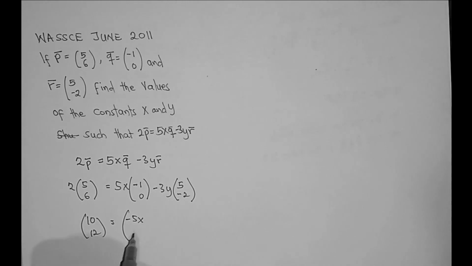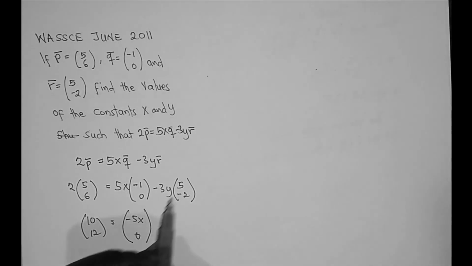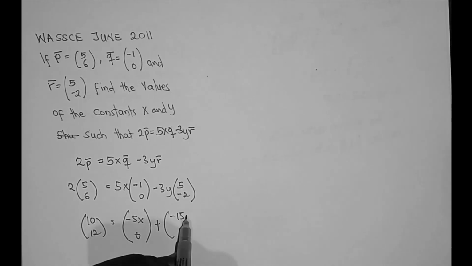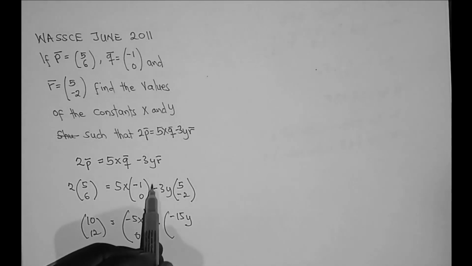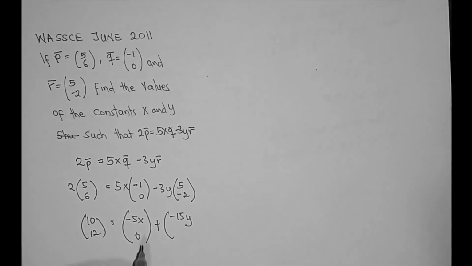Then 5x times 0 is 0. Then minus 3y times 5 becomes, so let me bring plus here, minus 15y. Then minus 3y times minus 2 becomes plus 6y.